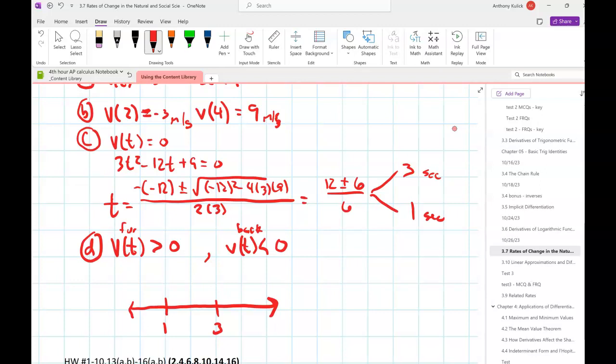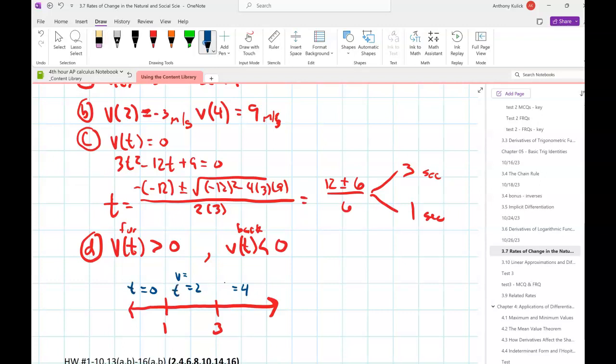What I'll do then is pick an x that's less than 1, an x that's between 1 and 3, and then an x that's bigger than 3. Does it matter what x I pick? No. But I'm going to be smart about it because I already know the velocity at, I should say these are t's, not x's though, right?